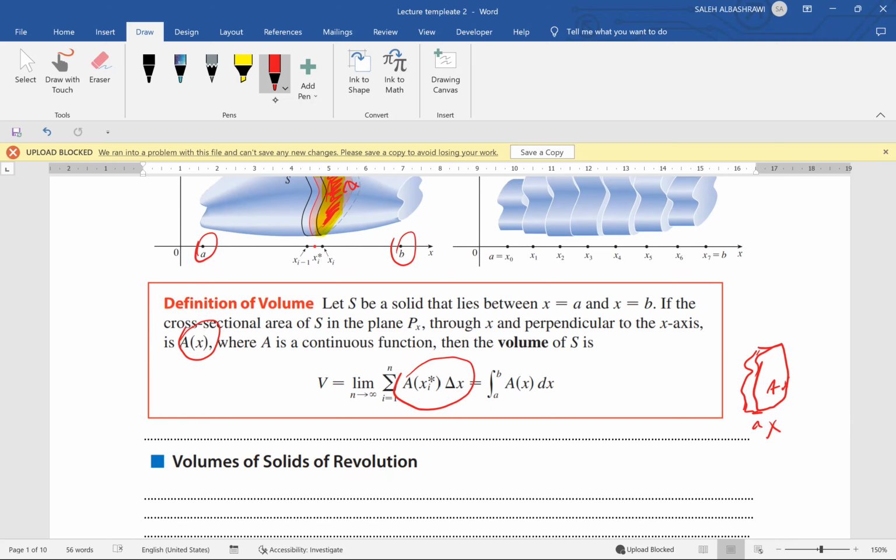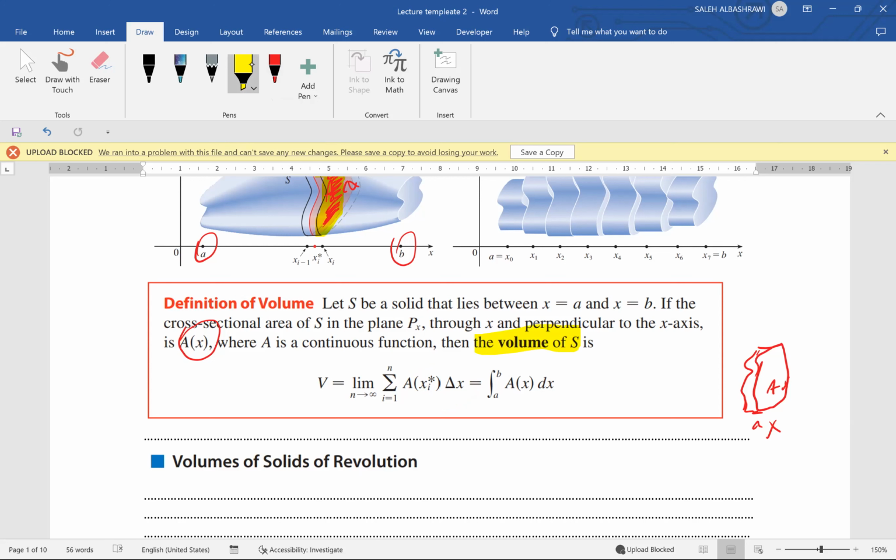Now, if you add all of them, find the sum for all of them as n goes to infinity, then we can define the volume of the solid. So the volume is equal to the limit of the sum from i equals 1 to n of A(xi), the cross-sectional area, multiplied by delta x, as n goes to infinity.